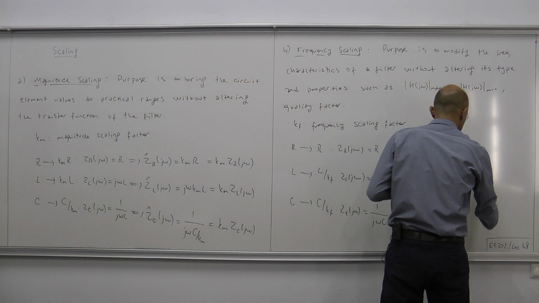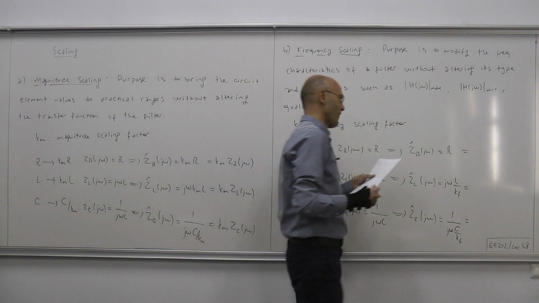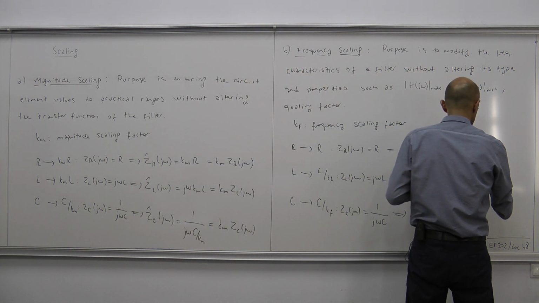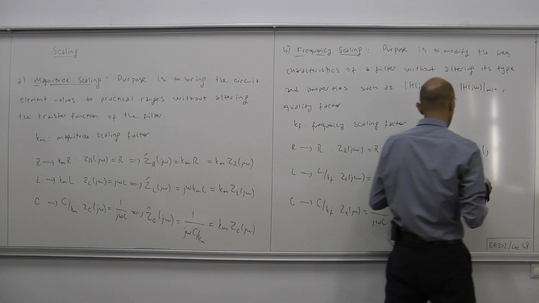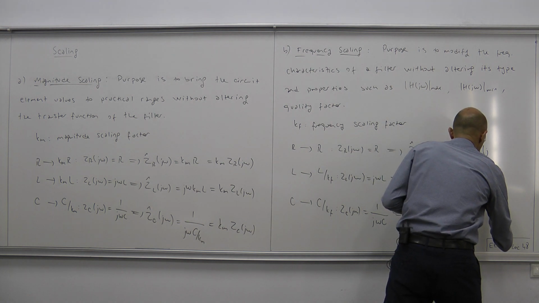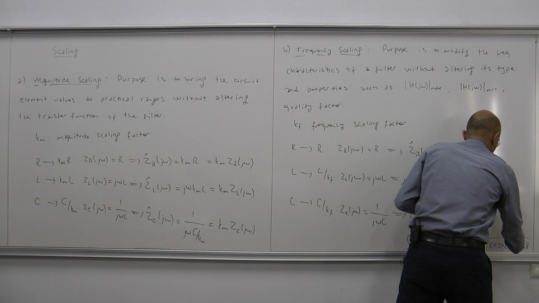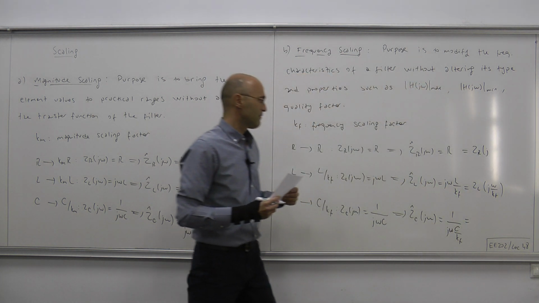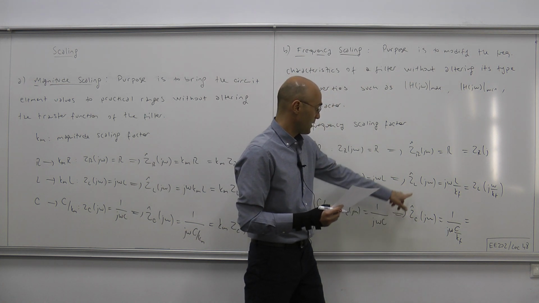And that, in terms of the old impedance values, produces the following. Let's leave ZR to the last part. What we have is ZL(j omega) over Kf. So that's the new impedance.